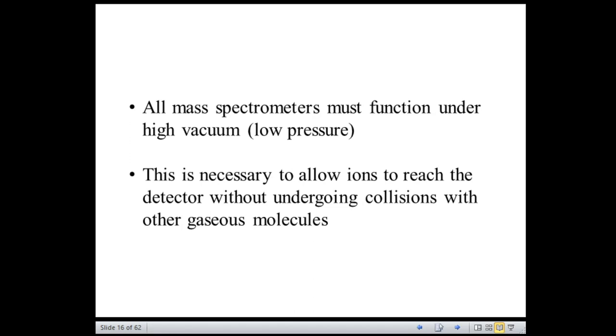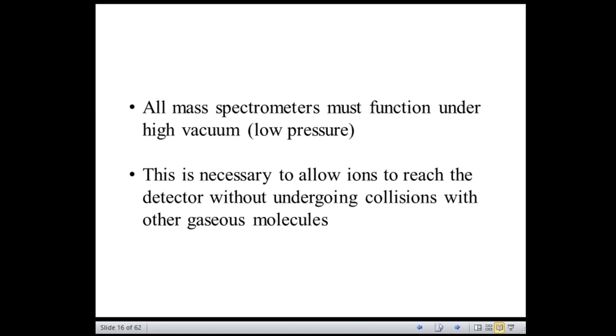What happens if you see collisions with other molecules? Indeed, collisions would produce a deviation of the trajectory, that is the path, and the ion would lose its charge against the walls of the instrument.